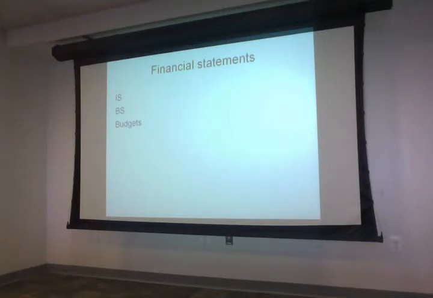The reason that it's called the balance sheet is because the two sides of it have to balance, and they balance by construction. So canonically speaking, in the balance sheet we have assets on the left, and on the right we have liabilities and we have equity financing.